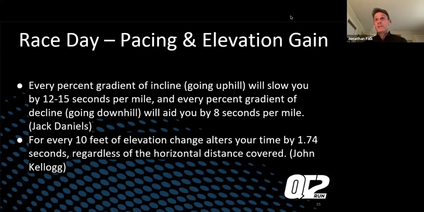Don't let your adrenaline carry you away. Run the uphills with an honest effort, but don't try to maintain the same pace split you were on during a preceding downhill. You're just not going to be able to do it, and if you do, you're going to tap yourself out prematurely. Next slide.